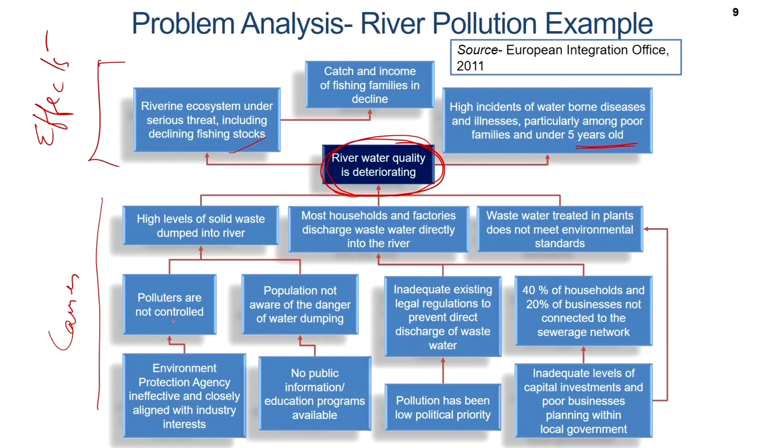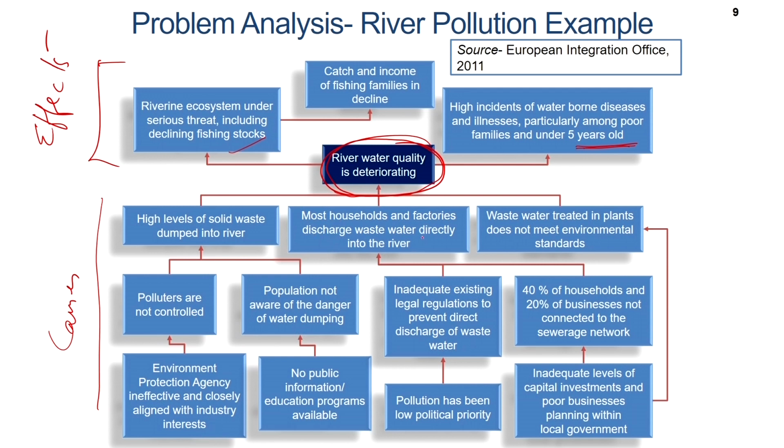That happened primarily because polluters are not controlled and the population is not aware of the danger of waste dumping. The population is not aware because there are no public information and education programs available. Polluters are not controlled because the Environment Protection Agency is ineffective and closely aligned with industry interests.